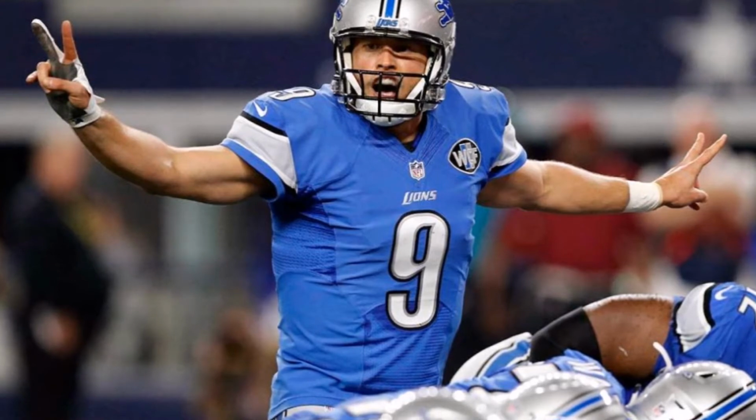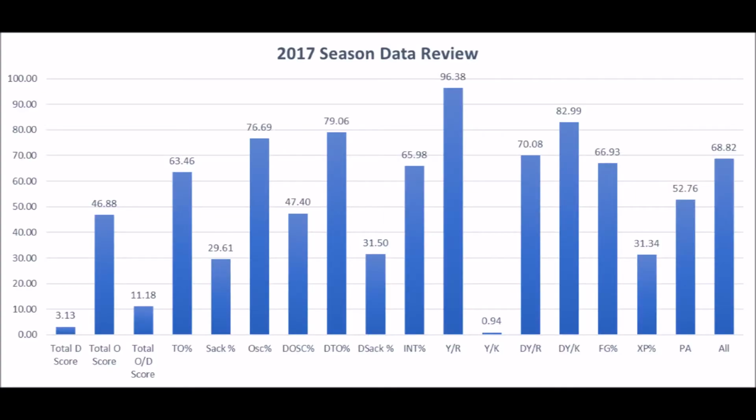So this is the Detroit Lions in terms of the 2017 season. First off, the big thing to focus on is the offense. The offense was not bad by any stretch of the imagination. Their turnover percentage, in terms of how many turnovers they allow on offense, was not below average by any stretch of the imagination.